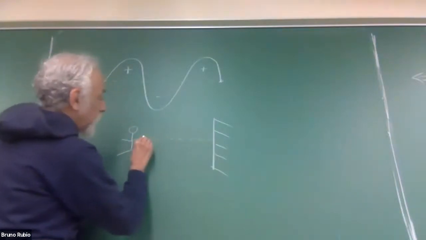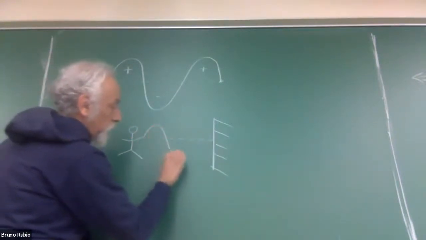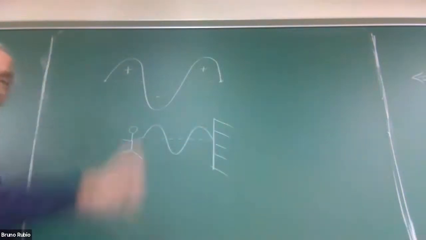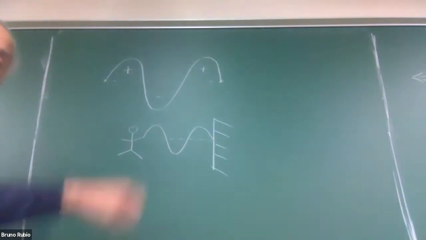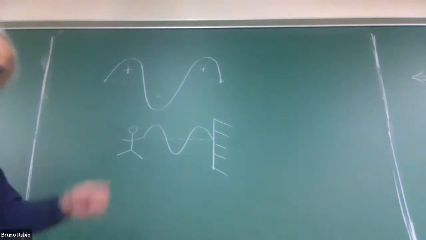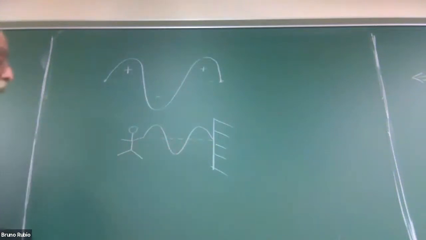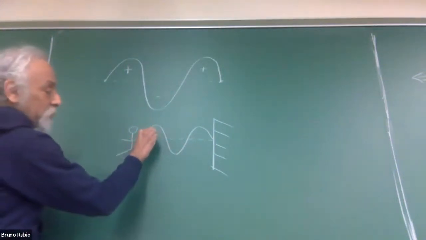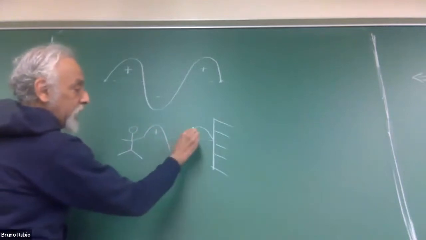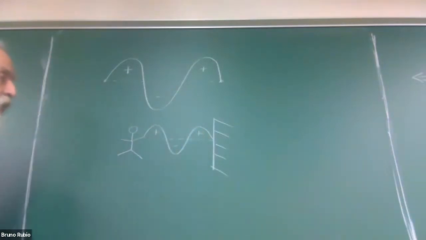There's my zero line. So you're bouncing that string up and down, up and down, up and down. You know, like at the gym, maybe you work out with those big ropes. Well, you're setting up a wave in that rope. And so you have a region of positive deflection, negative deflection, and positive deflection.